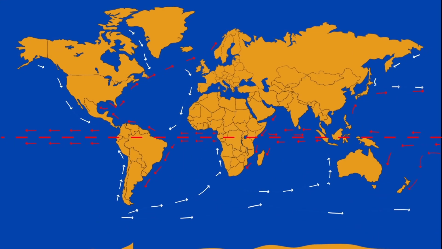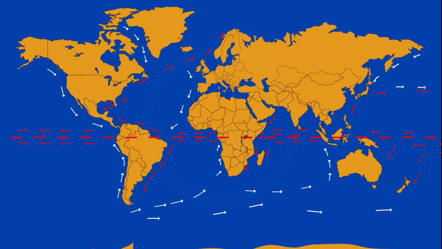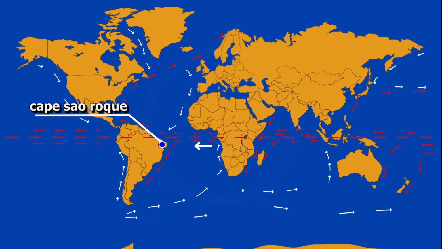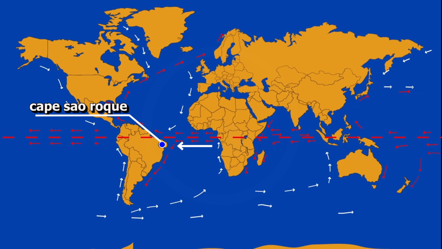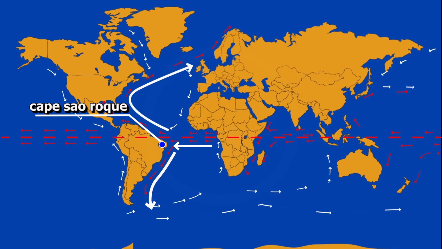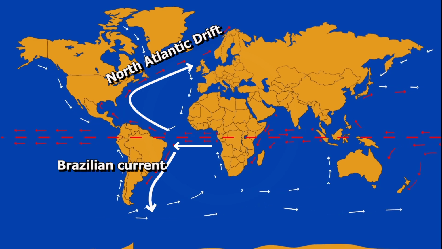Next one is the land. A landmass obstructs the flow of water of an ocean current and diverts its movement. For example, at Cape Sao Rock, the south equatorial current gets divided into two branches. One joins the north equatorial current and the other becomes the Brazilian current.